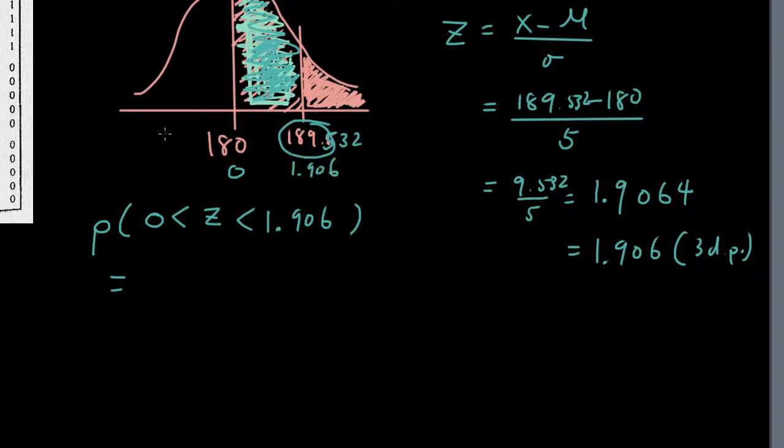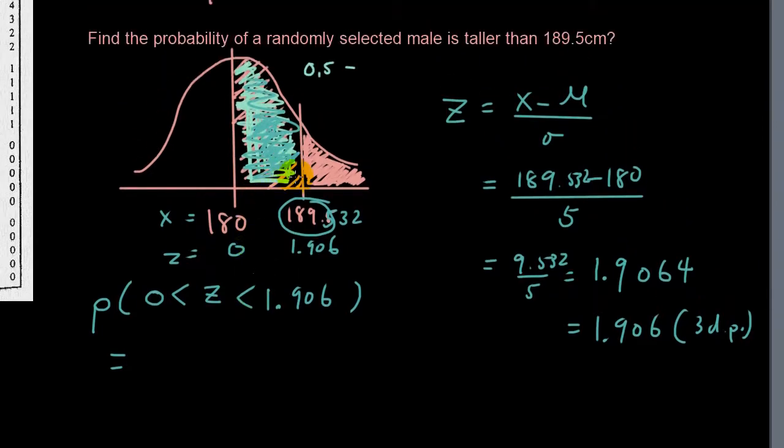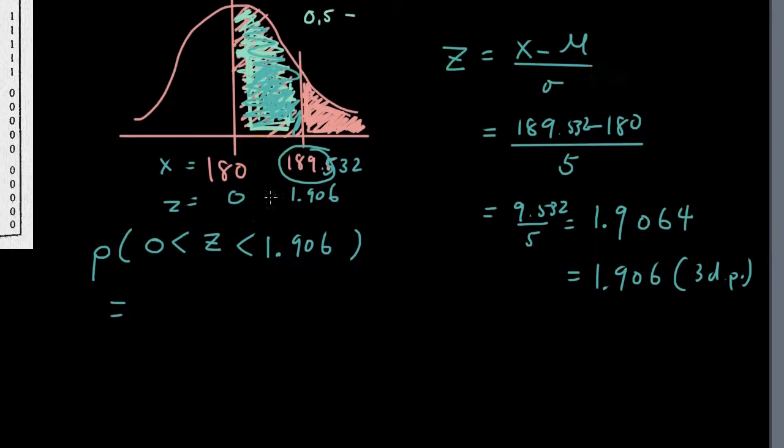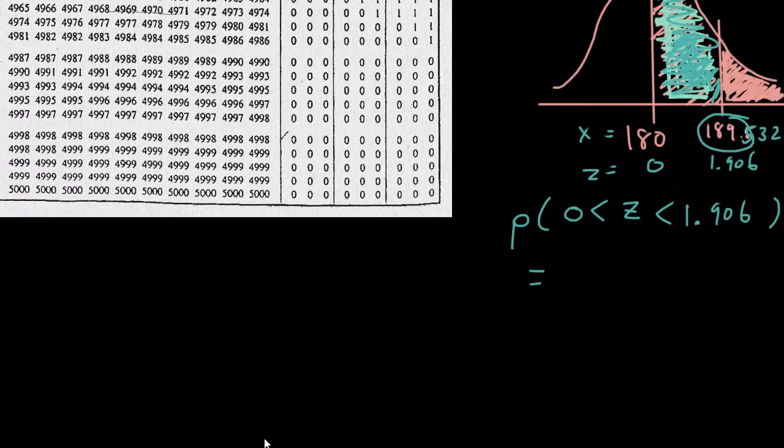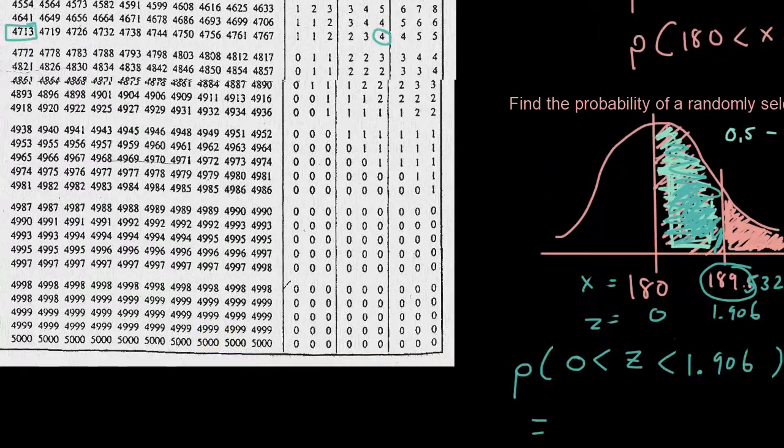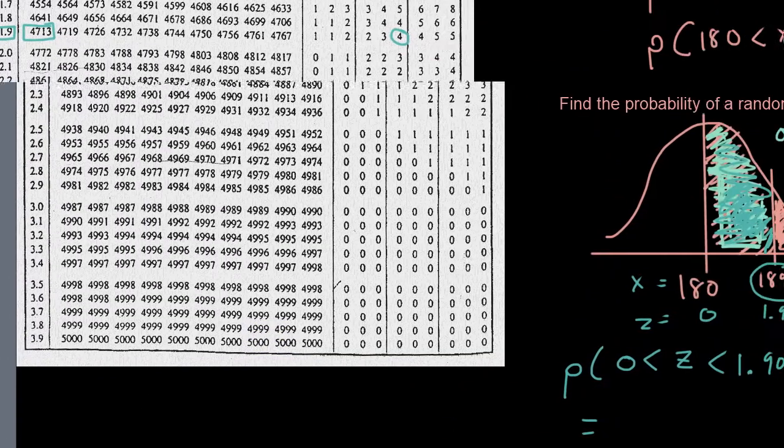These are the X scores at the top and the Z scores below them. So we want to find the probability of the Z score being between 0 and 1.906. What is the probability? So let's get that number out again. So what was it? It's 0.4713.